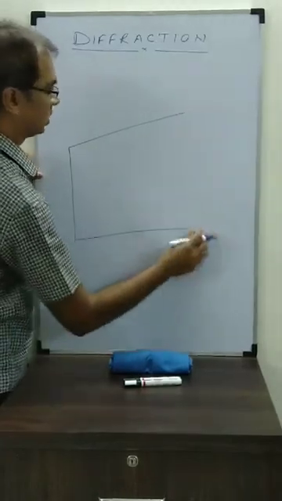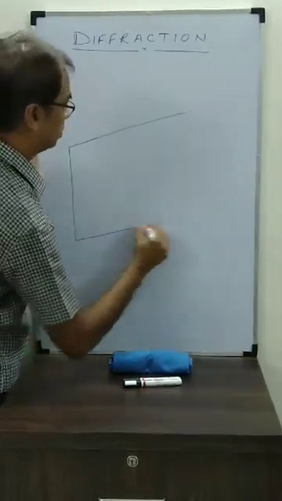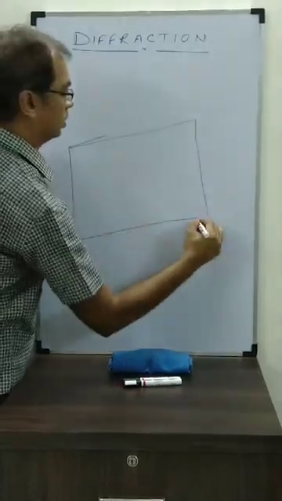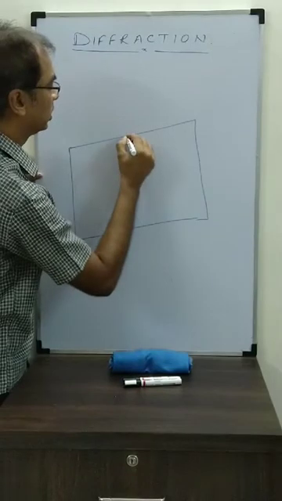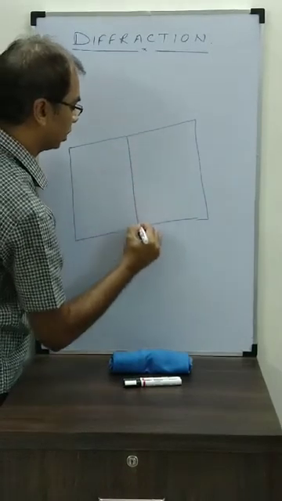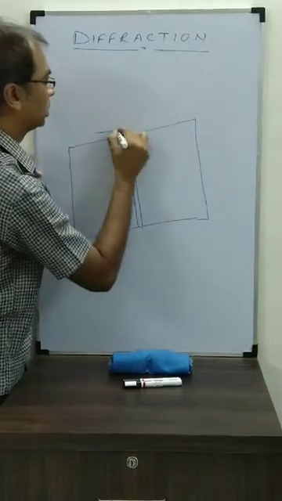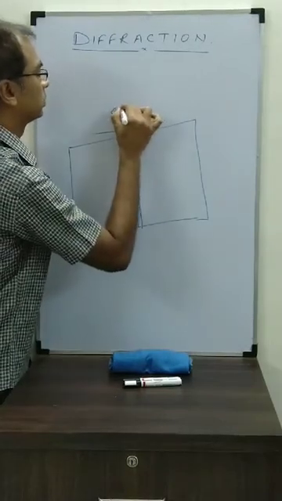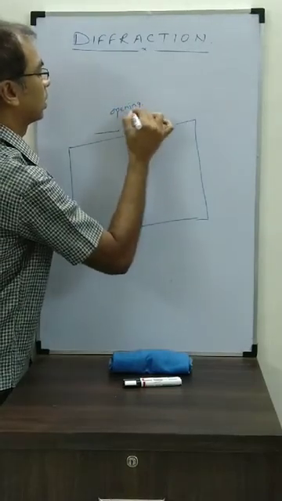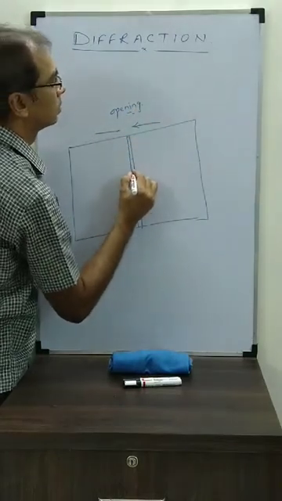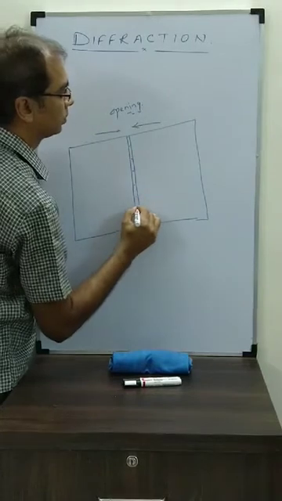This is how the obstacle is, and this is the opening. And these are all the sources, you can see, in the slit.